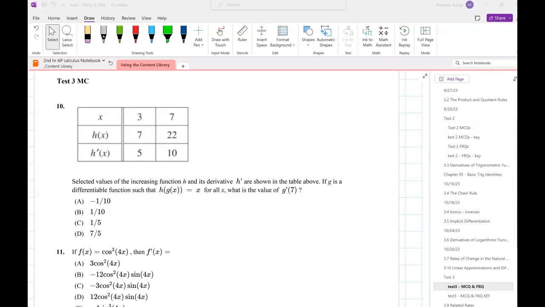So here, it says h of g of x is equal to x, right? Why don't you do the derivative of both sides of that equation and see if you can get an equation for g prime. So we have h of g of x equals x, right?